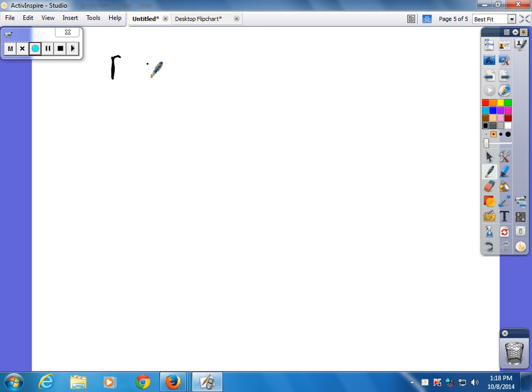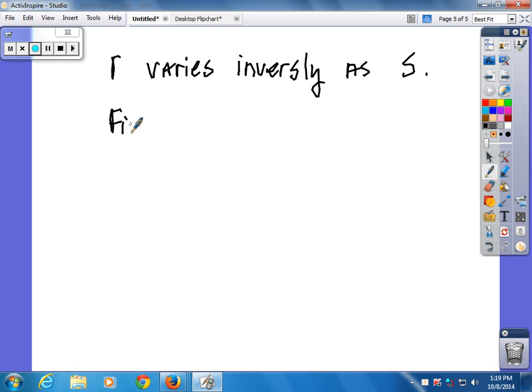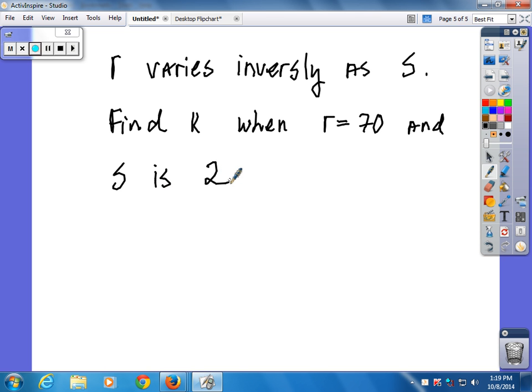R varies inversely as S. Find K when R is 70 and S is 2. All right, do that one.